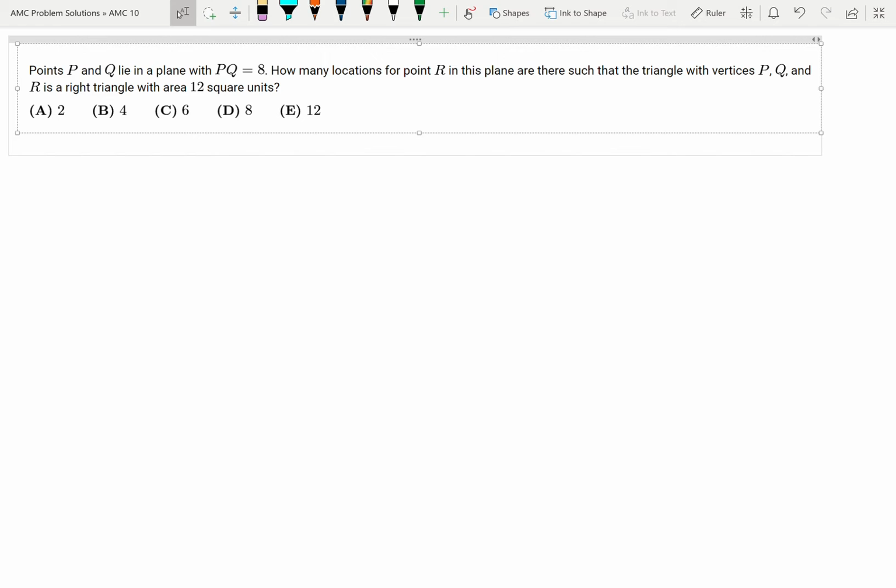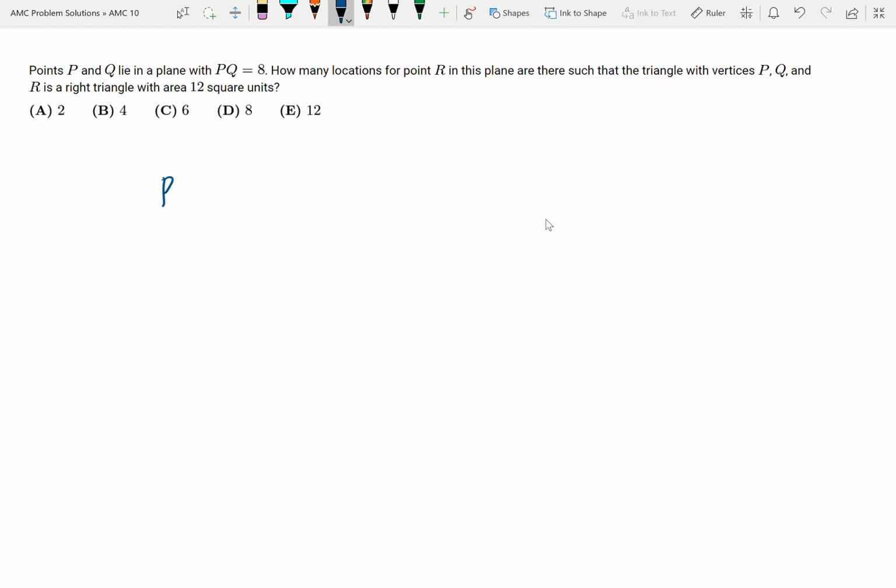Okay, so first I want to consider the scenario where PQ is a leg of that right triangle. So I'm just going to draw a line segment, call it PQ, and I know it's got to be 8.